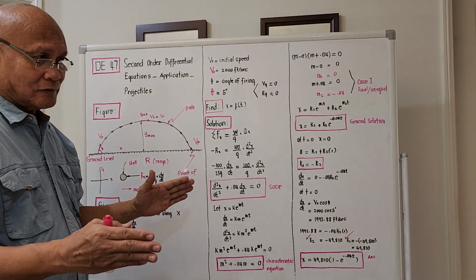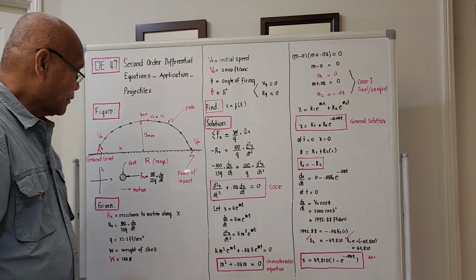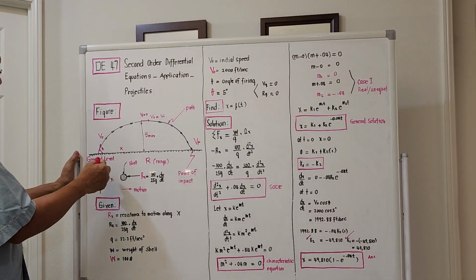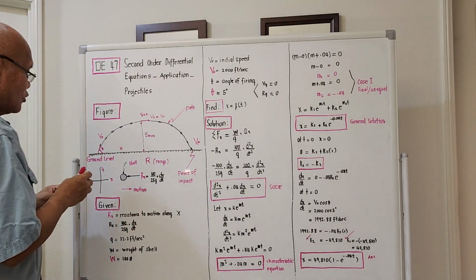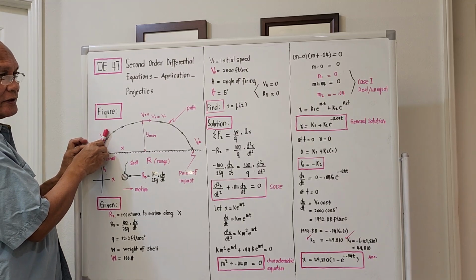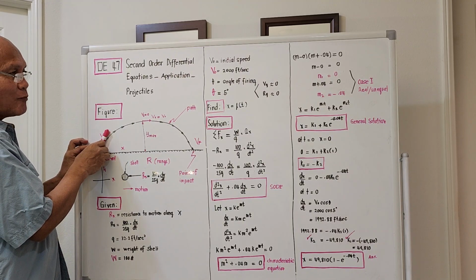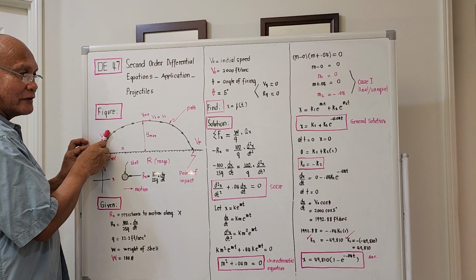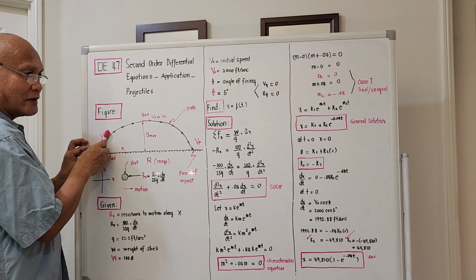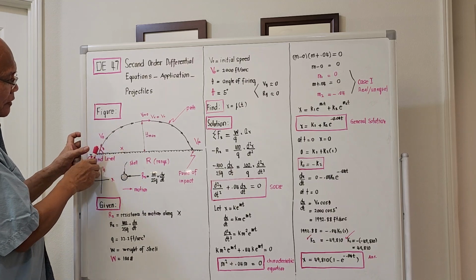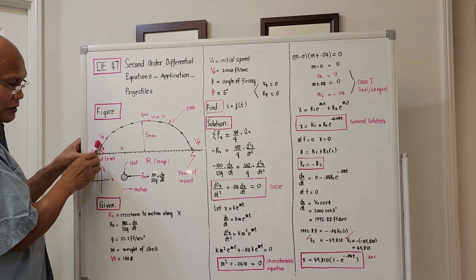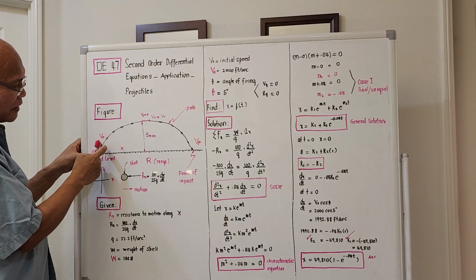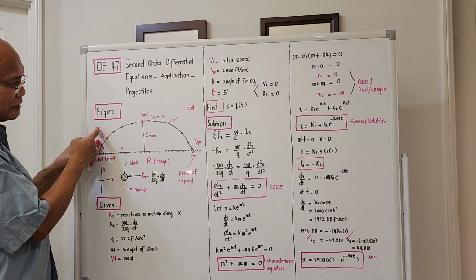I will try to explain the figure. We are given a problem here, so this should be a horizontal line, and this should be a projectile here. It could be an M1A1 Abrams, maybe a battle tank of the United States of America. The nozzle of this projectile is at a certain angle theta with respect to the horizontal, with the given initial velocity.